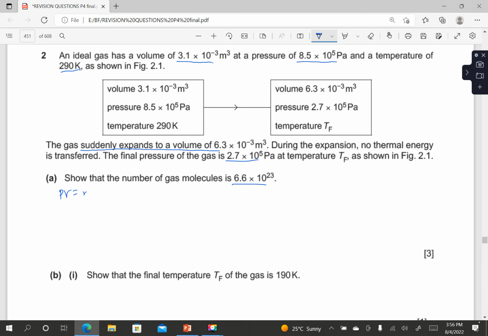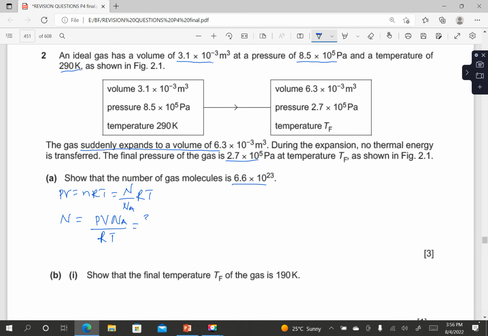PV is equal to nRT. I'm replacing n with the number of molecules N divided by Avogadro's number, times R times T. I want N. If I want, I can replace R over NA with k. So N is going to be equal to PV NA divided by R times T. So I'll just substitute in this.